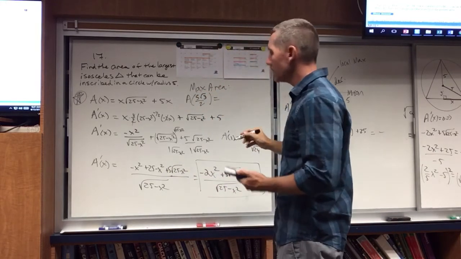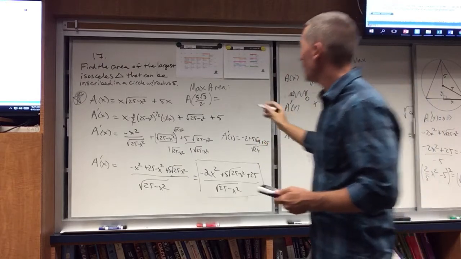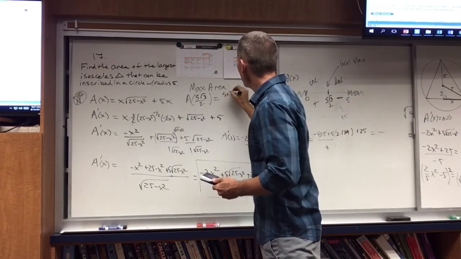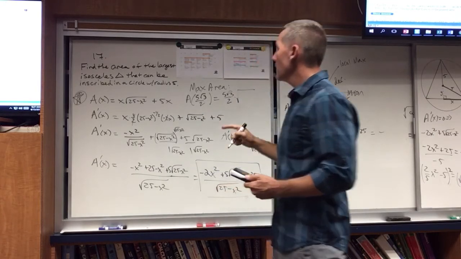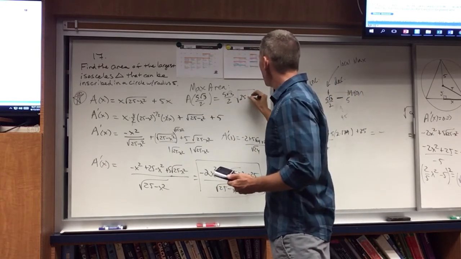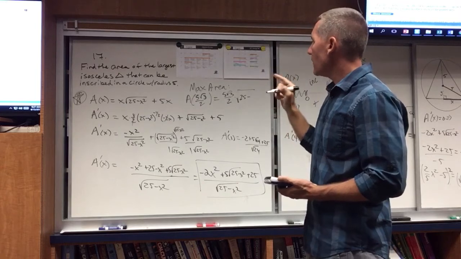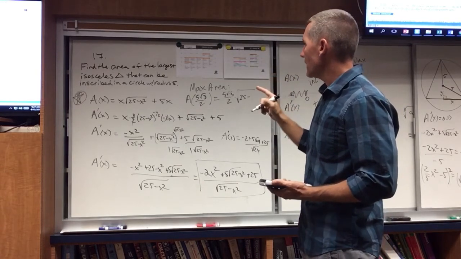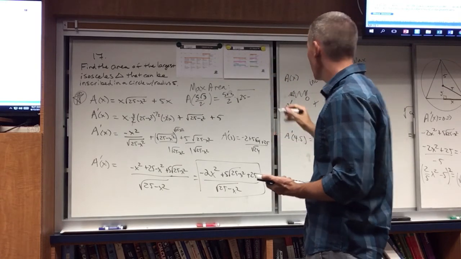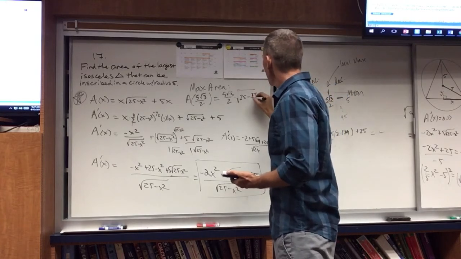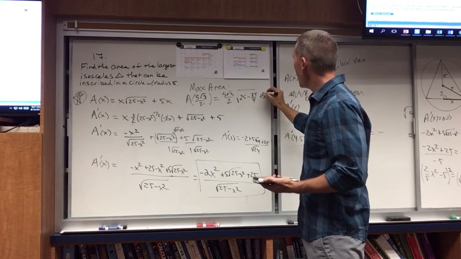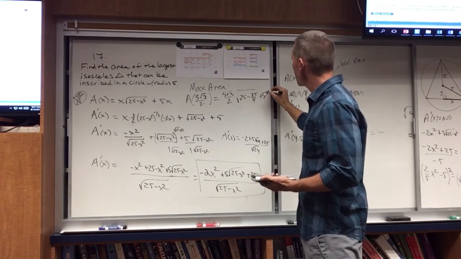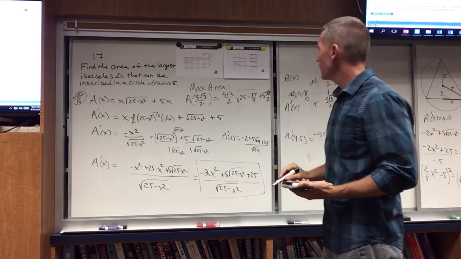let me do it by hand at first. 5 root 3 over 2 times the square root of 25 minus, so 5 root 3 over 2 squared is going to give me that 75/4 value, and then plus 5 times 5 root 3 over 2, okay?